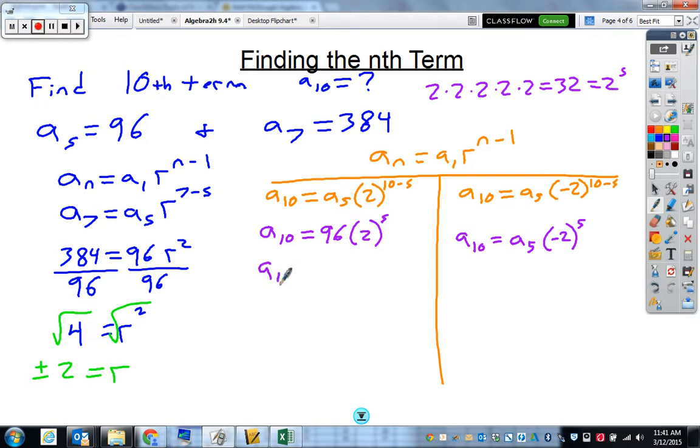So a sub 10 equals 96 times, well, that's positive 2, so that's positive 32. Over here, I'm going to get the same thing, except since it's an odd exponent, it's going to be negative 32. Now, if my exponent would have come out even, so let's say it was a 4 or a 6, then my negative would have gone away and I'd end up with the same number. Because I had an odd exponent, my two numbers are going to be different signs.